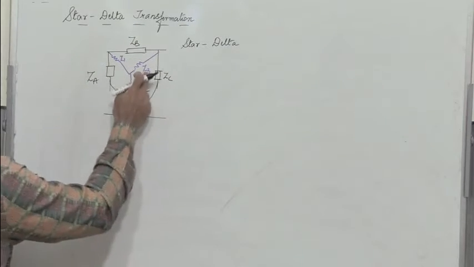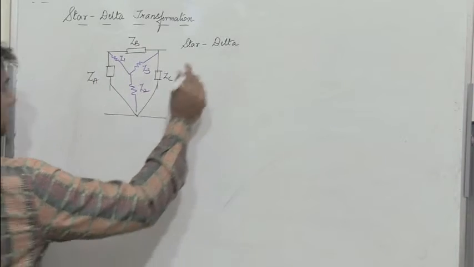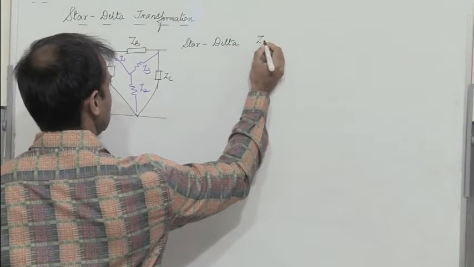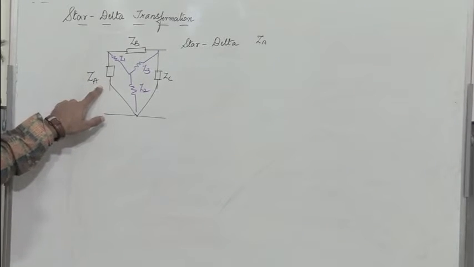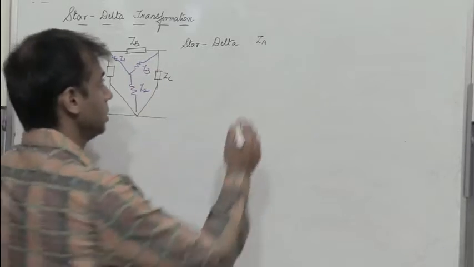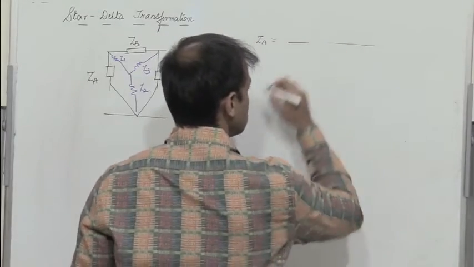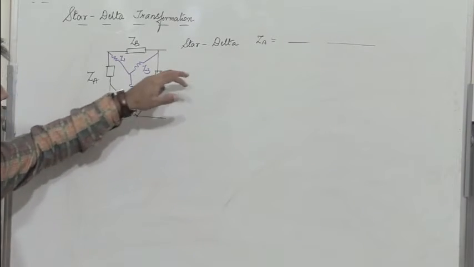So given Z1, Z2, Z3, if I need to find ZA, ZB and ZC, so how do we find ZA? Right? So ZA is the impedance here. To convert a star to delta, the numerator remains constant for all the three cases. So what is the numerator?